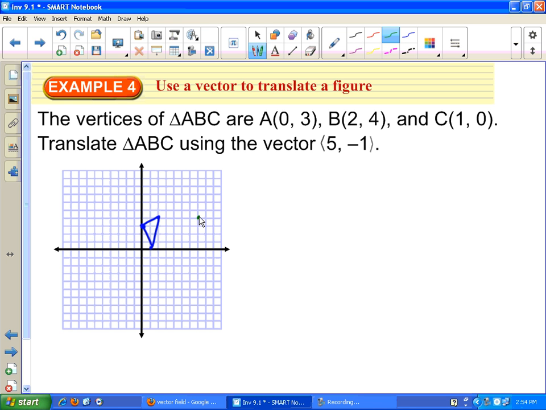So I'd have a dot there. 1, 2, 3, 4, 5, dot there. Dot there. Now we have to do our y component. Do I move up or down? Down 1. So I'm down here, here, here. That would be our image after the vector 5, -1.